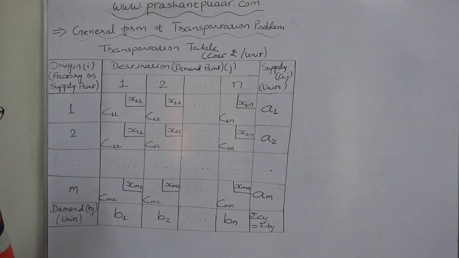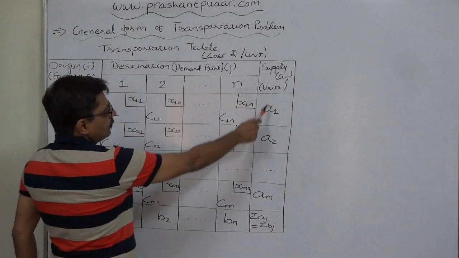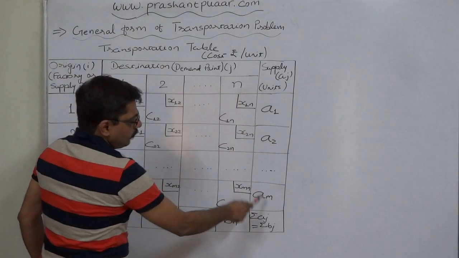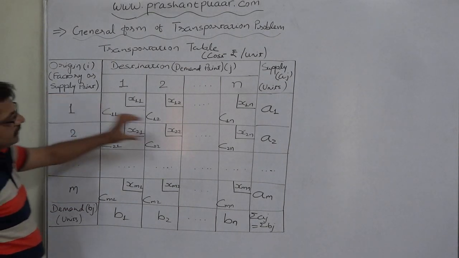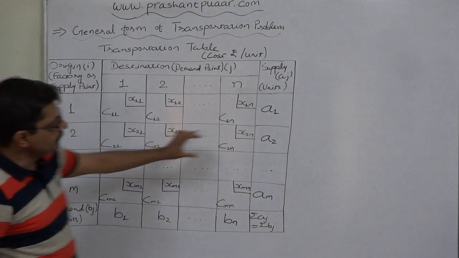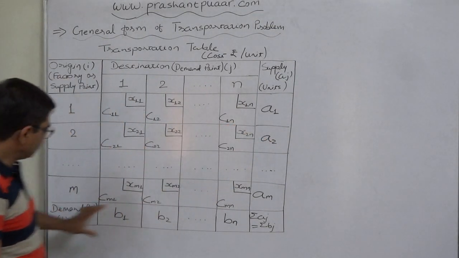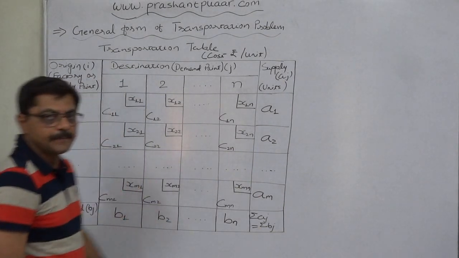Against all the supply points, we have the total available quantity as supply from each and every origin. From origin 1, we will have available A1 units. From origin 2, we will have available A2 units. Similarly, from origin m, we will have available Am units.